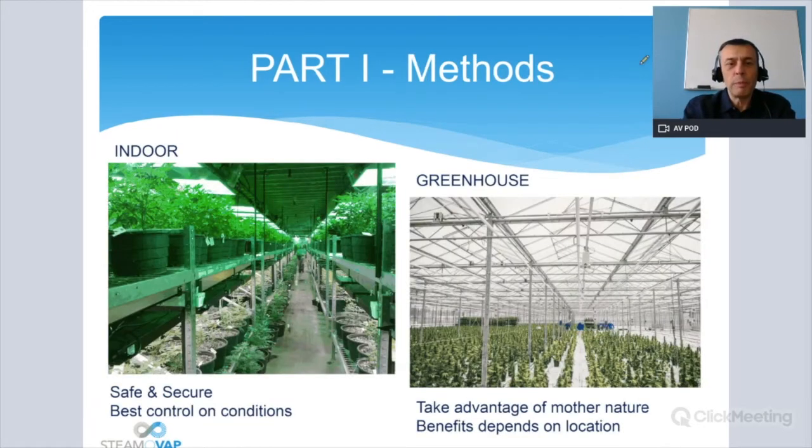So the methods of production, there are two main methods. The first one, indoor, is the one that we see the most in Canada and probably in most parts of the US. Why? Because before it was legal, and still with the legalization in Canada, there is a full set of regulations in terms of safety and security.